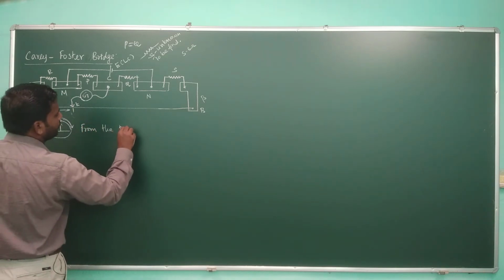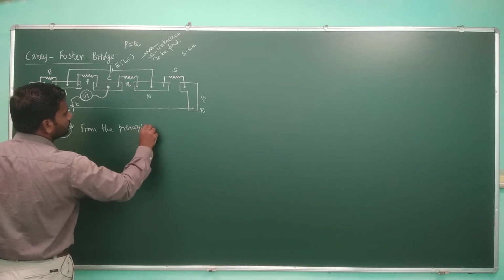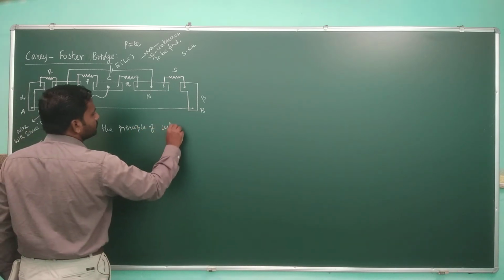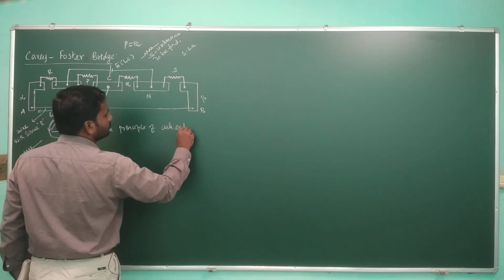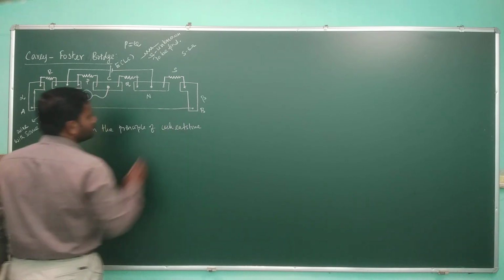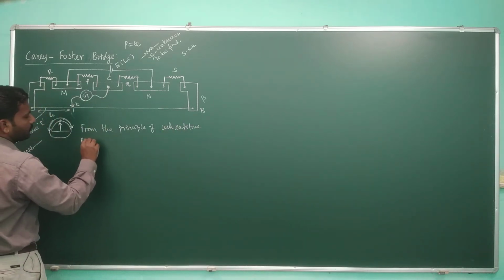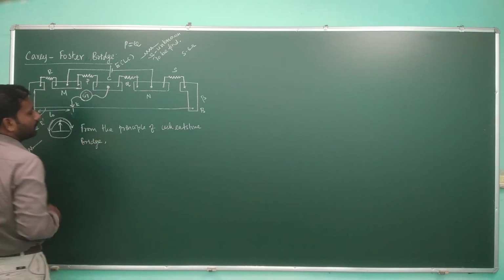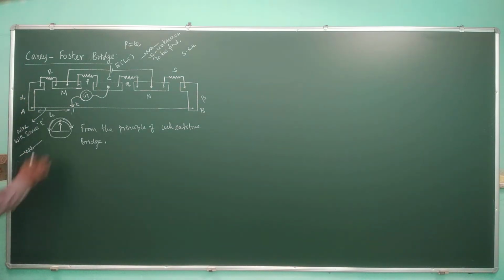from the principle of the Wheatstone bridge, you just redraw this diagram under this condition. How to draw that?